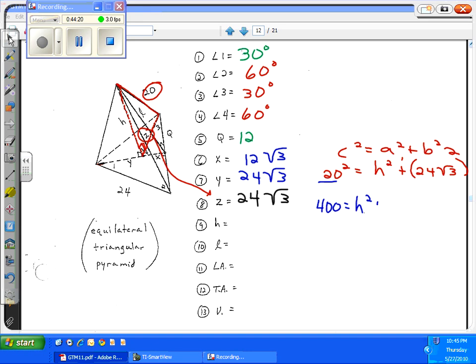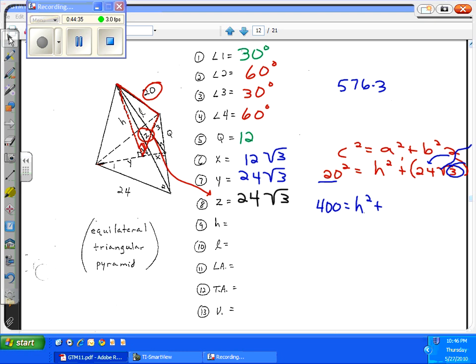So I'm going to do 20 squared is 400 is equal to height square plus, we're going to distribute that squared. 24 squared is 576. When you square the square root, it cancels and you get a 3.